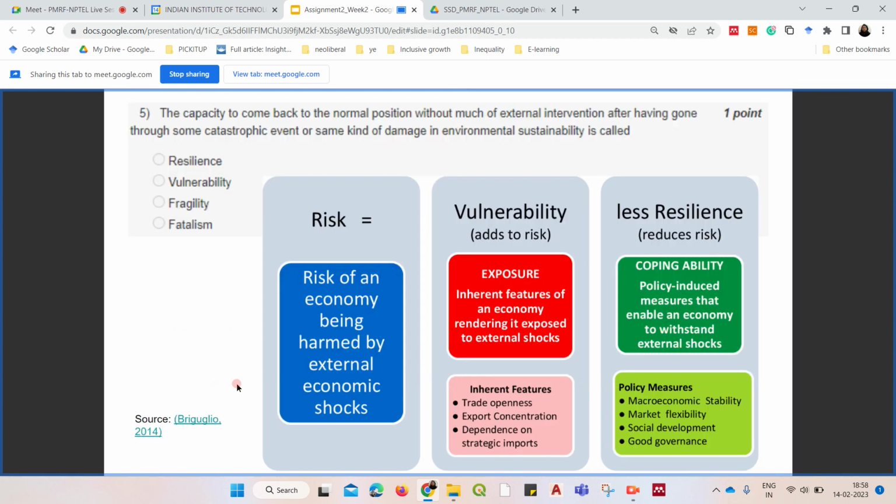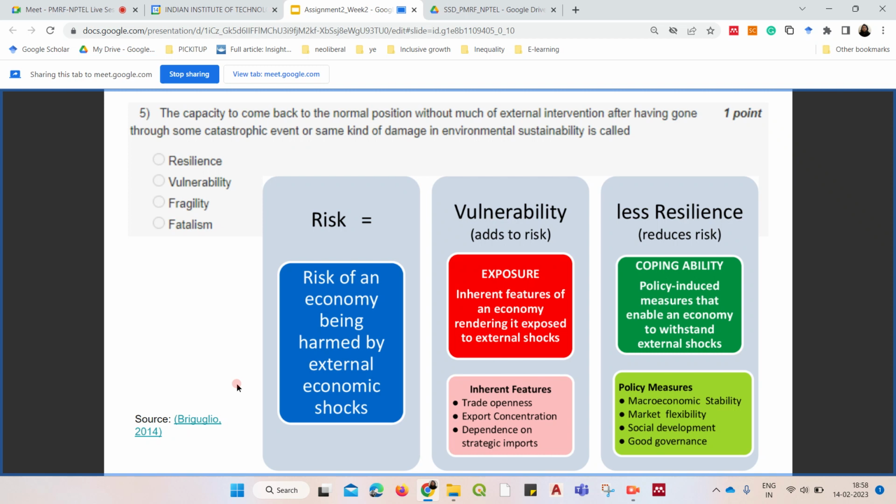The next question is: the capacity to come back to the normal position without much external intervention after having gone through some catastrophic event or damage, in environmental sustainability, is called what?